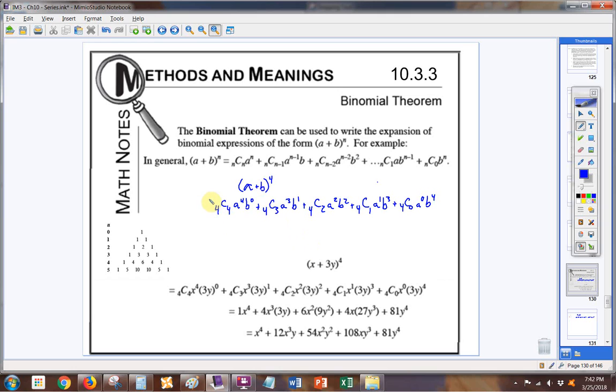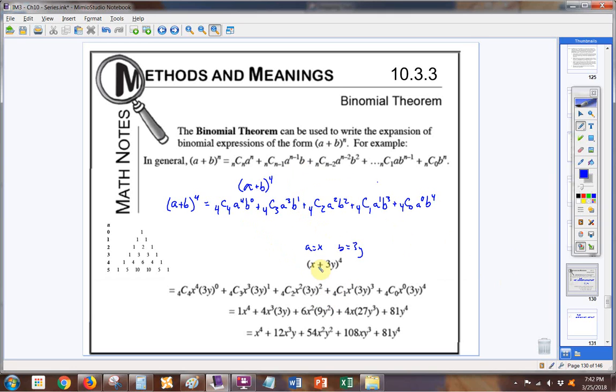So this is the general form of an expansion of (a + b) to the fourth. If I want to do it on a specific example, like down here where I have (x + 3y) to the fourth, my x is my a term. Wherever there was an a in my general expansion, I can plug in x, and my b term was 3y.